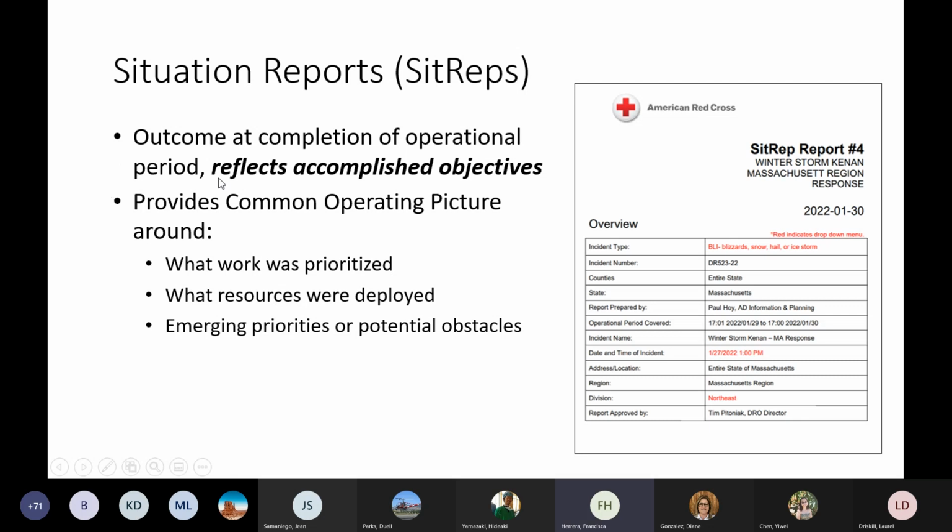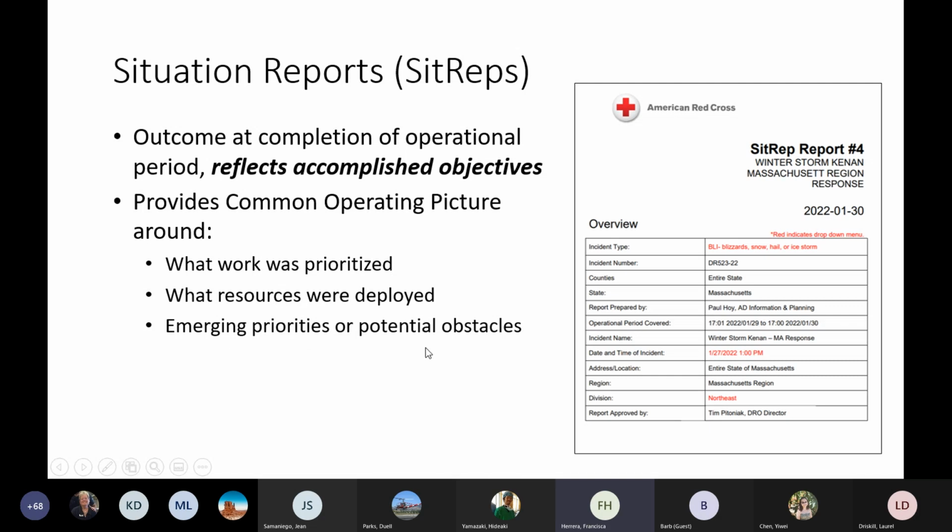It is intended to reflect what you accomplished, whether you accomplished those objectives that were listed in that incident action plan, and how. So it does provide a form of common operating picture around what work was prioritized at the end of the day, what resources were deployed, and what are new priorities that are starting to come up.